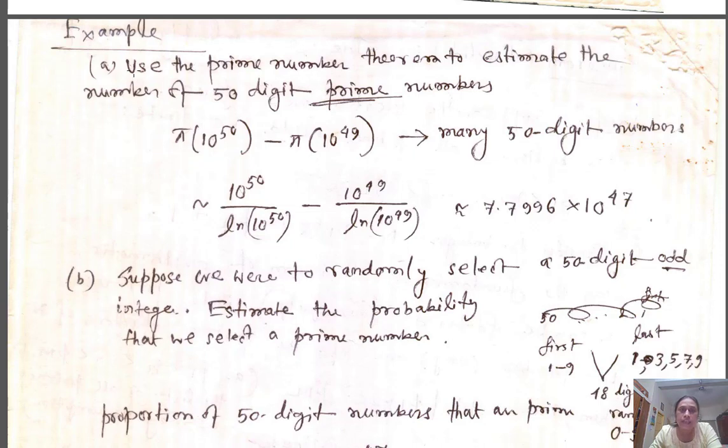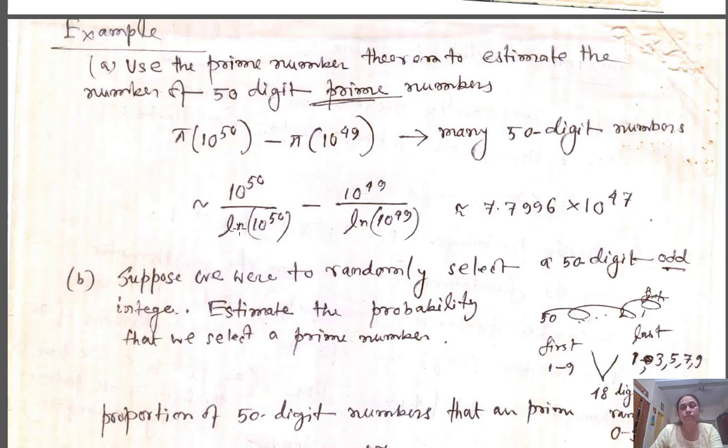The prime number theorem says that if you have an integer x, and π(x) denotes the number of primes less than or equal to x, then the limit of π(x) divided by x/ln x is equal to 1 as x tends to infinity.